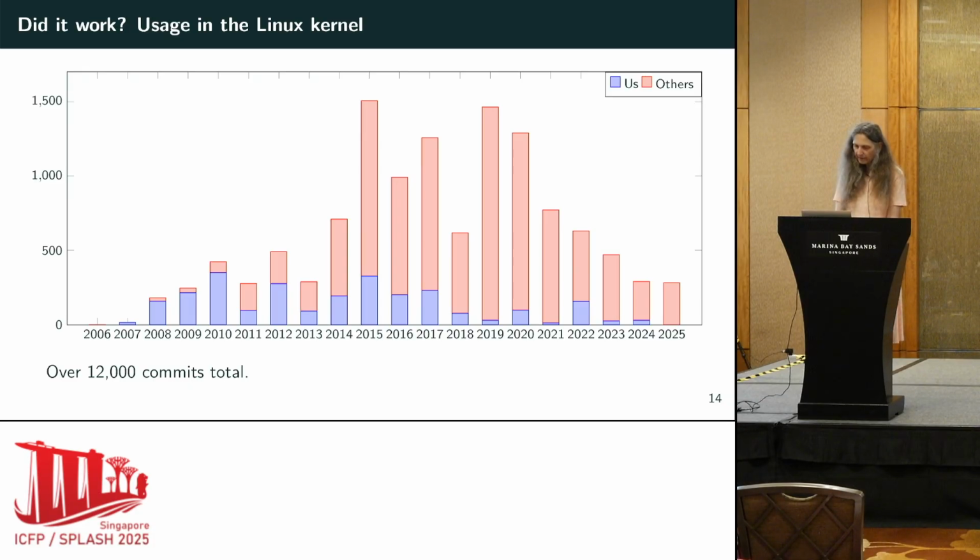I still see people actively using it. This is several hundred commits per year. And it's also possible that maybe they're not always actually acknowledging the tool every time that they use it. But in general, we have gone from something that was mostly used by us to something that is mostly used by Linux kernel developers. So I think it has been basically a success.